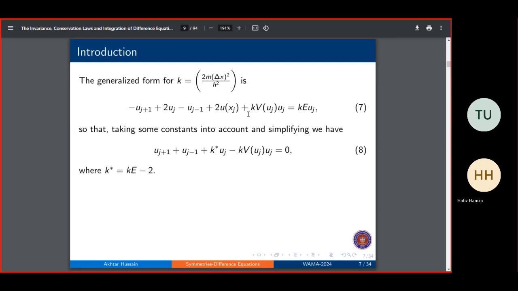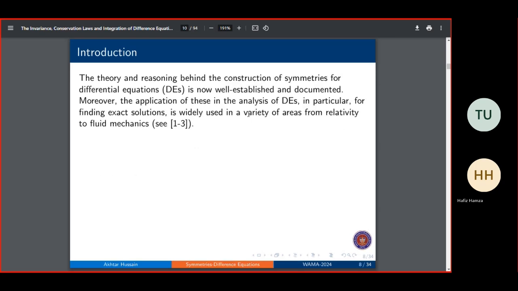Now I would like to summarize some results on the symmetries for differential equations. The theory and reasoning for the construction of symmetries of differential equations is now well established and documented. Moreover, the application of these for the analysis of differential equations, particularly for finding exact solutions, is widely used in a variety of areas from relativity to fluid mechanics.